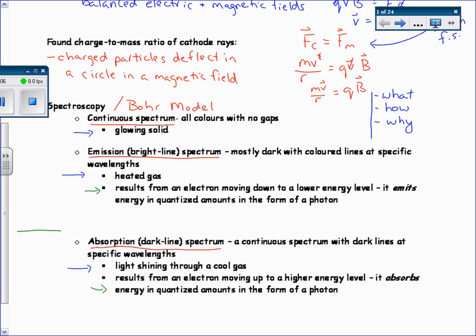So if this is the ground state, we're going to call n equals 1. Maybe this is n equals 2, n equals 3, n equals 4. And if we've got an electron up here that travels back down this way, this is an emission spectrum.